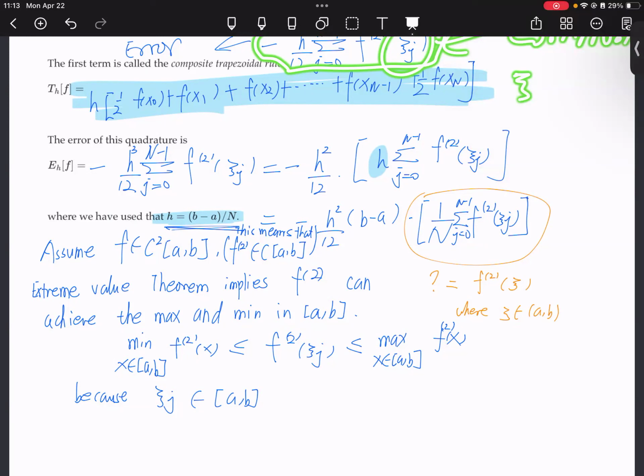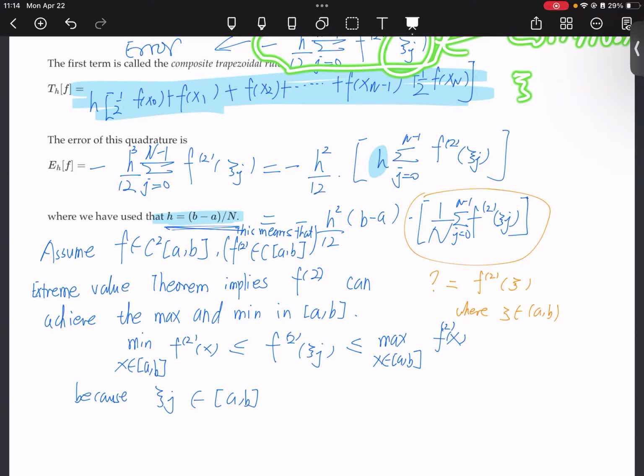So let's get back to what we have here. Last time I did some processing here, and I just took the h. This is the 3h here, and I just take 2h out, and 1h I put it here, and then I replace the h with this expression here, because h is just the step size, the size of the subinterval, and the size of the subinterval is just b minus a divided by n.